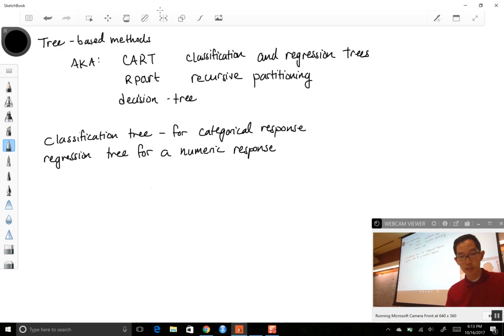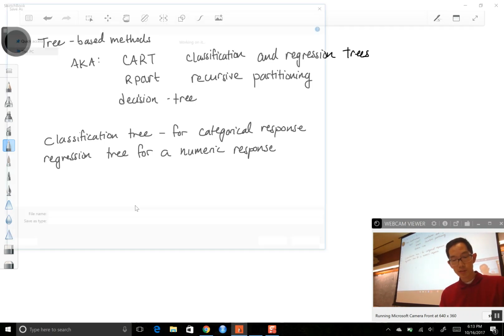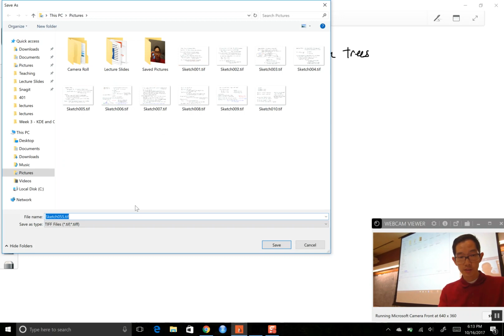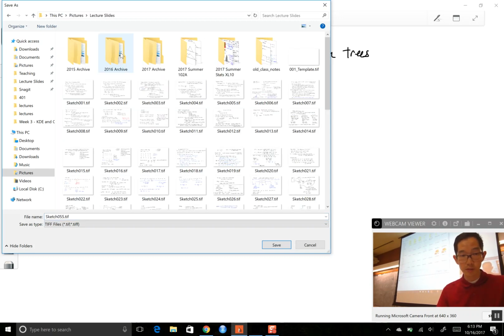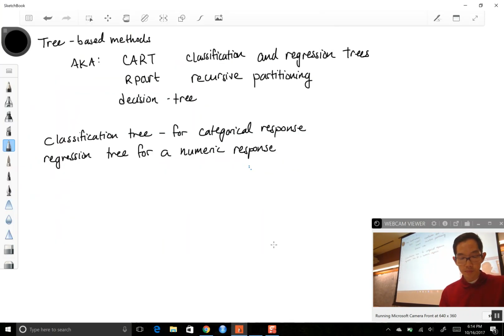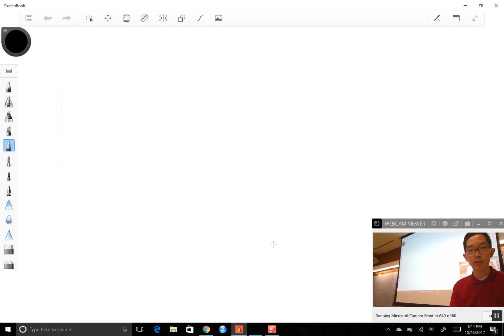And the idea is, let's just do a simple example here. Let me throw this into lecture slides. Okay, so let's start off with a regression tree example.